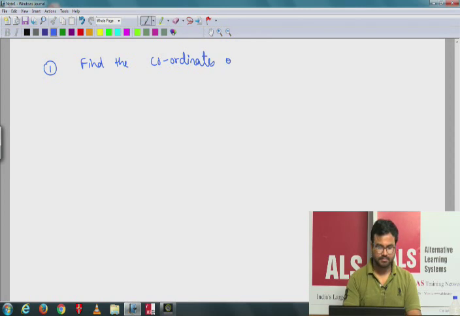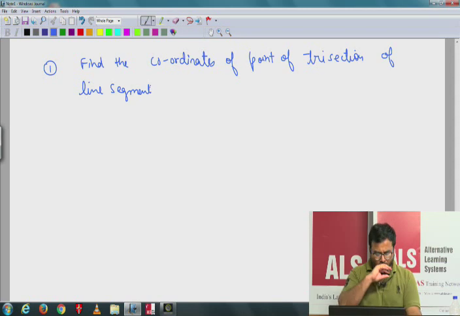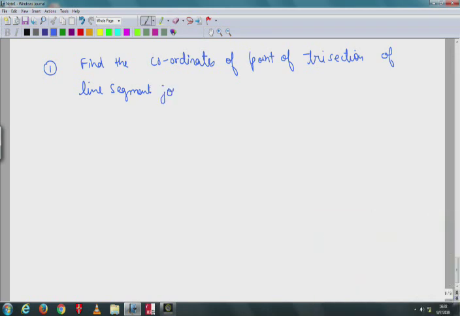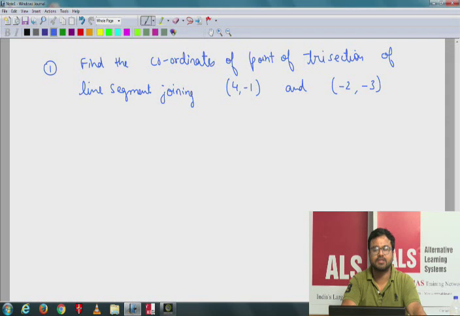Find the coordinates. So it says that there is a line segment which joins the points 4, -1 and -2, -3.